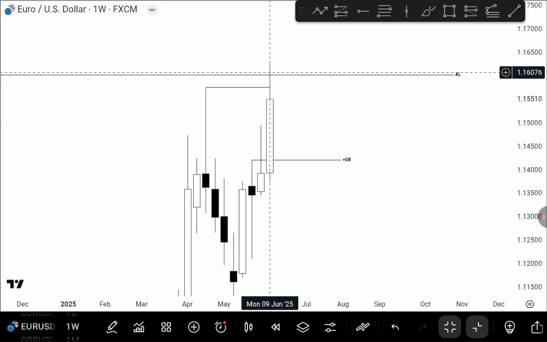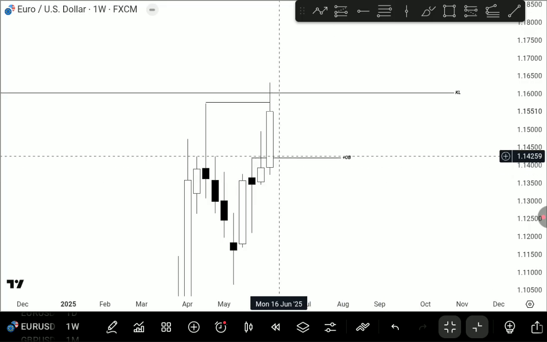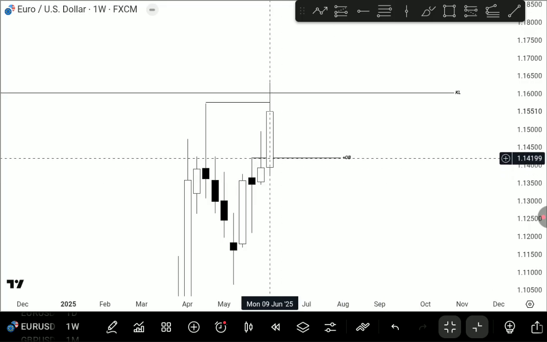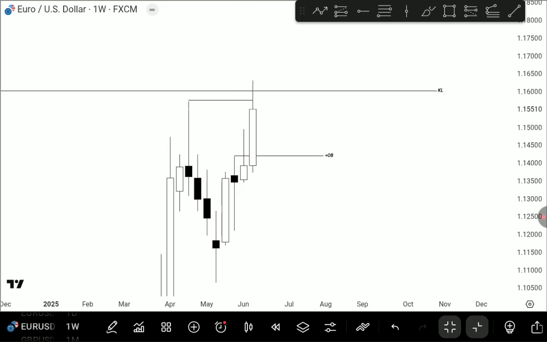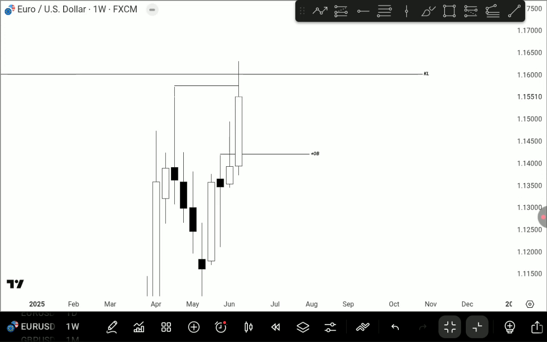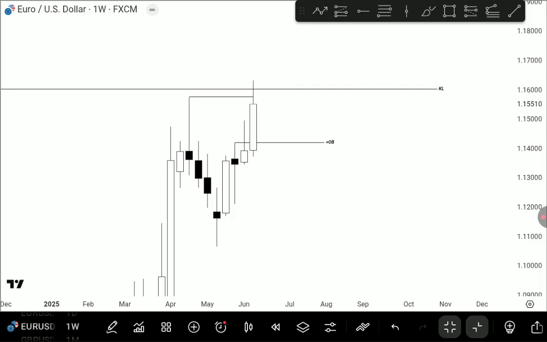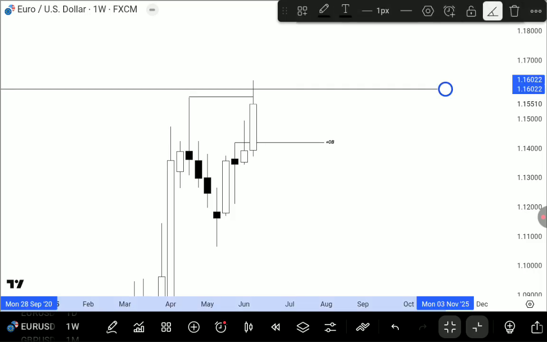You see how it becomes more logical, and how I can become more confident with this key level, 1.14199, which is approximately 1.4200. That's a very strong and important draw of liquidity that I can have confidence in because of the logic behind it.